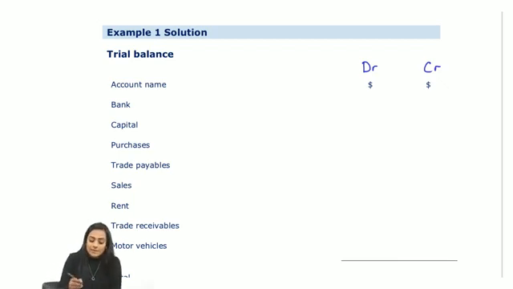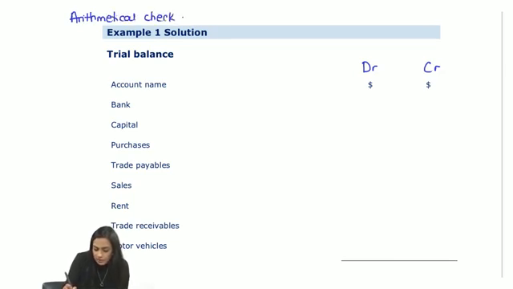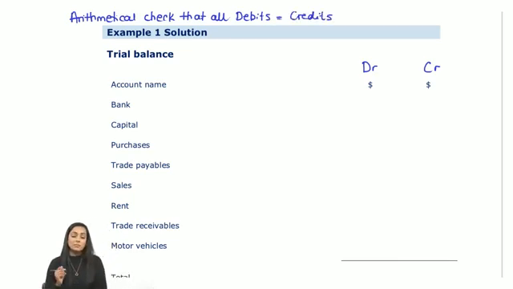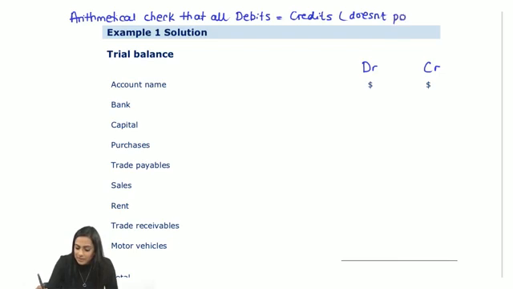A trial balance simply acts as an arithmetical check that all debits equal credits. It doesn't point out your mistakes, okay? Doesn't point out mistakes.